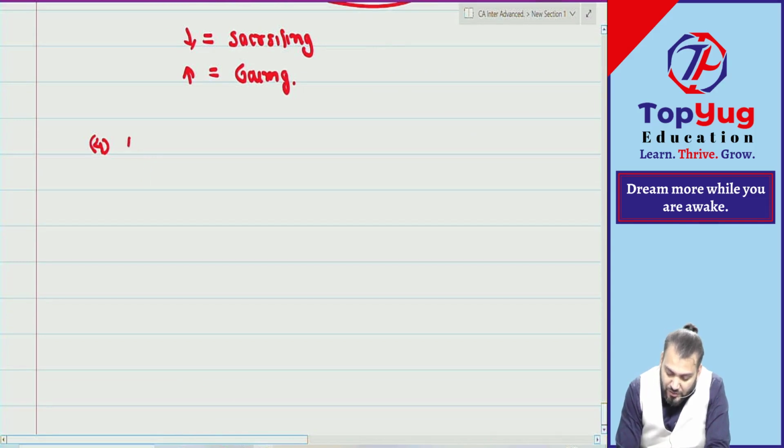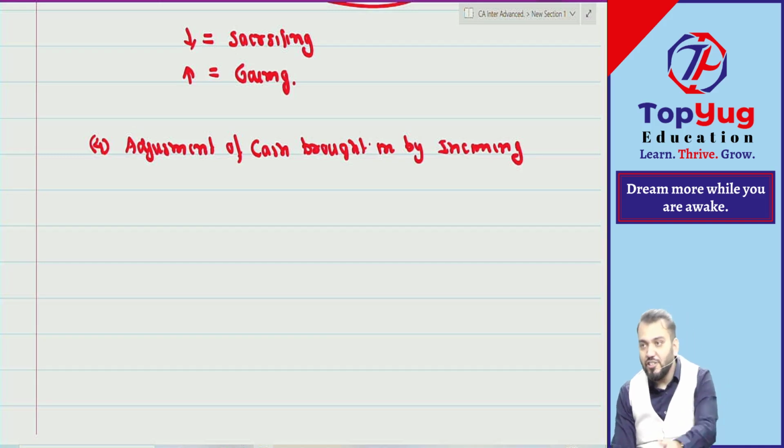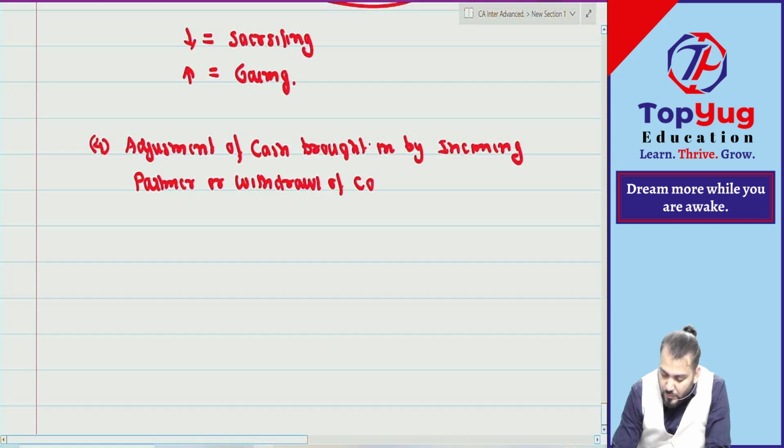Write down: adjustment of cash brought in by the incoming partner, or withdrawal of cash by outgoing partners.